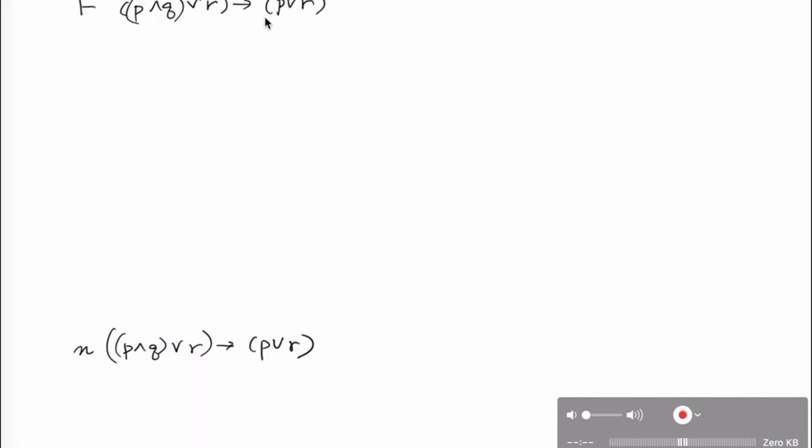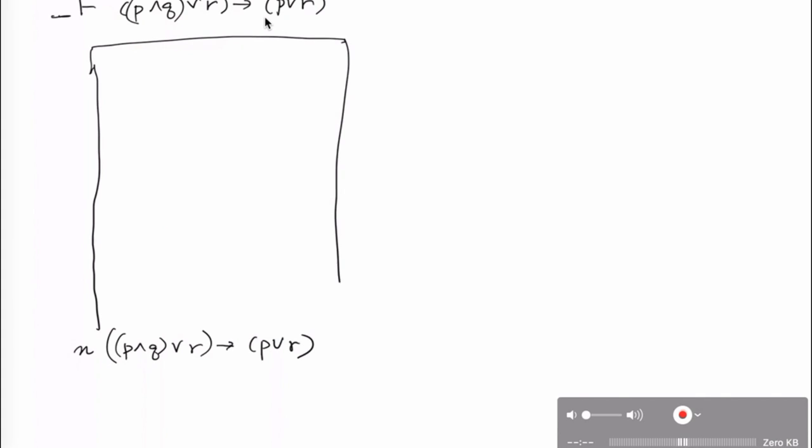Now, in order to prove this, we don't have any premise here, but we can try to prove using the first strategy that I introduced, the box. So in the box we have the antecedent here.